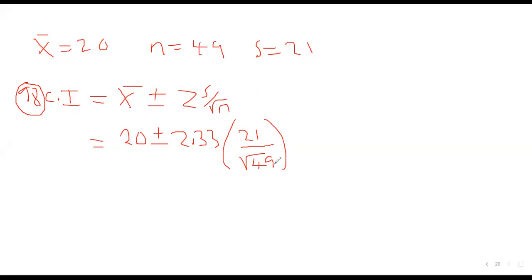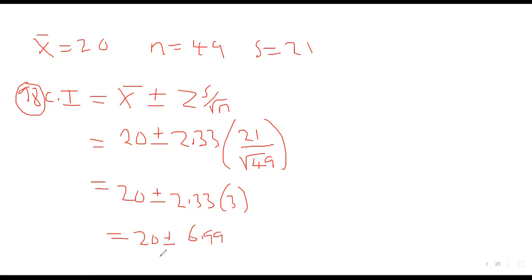So what is the square root of 49? 7. 21 divided by 7 is 3. And here we're going to have 20 plus or minus 3 times 2.33, we're going to get 6.99.